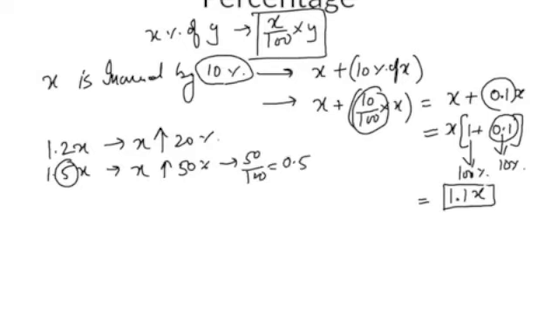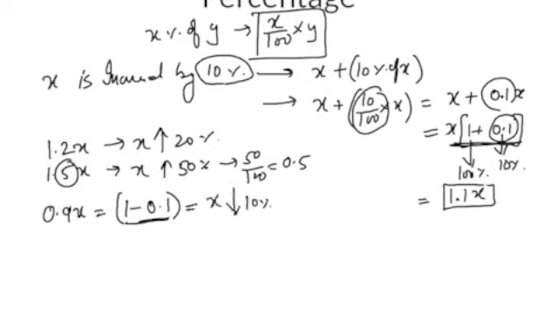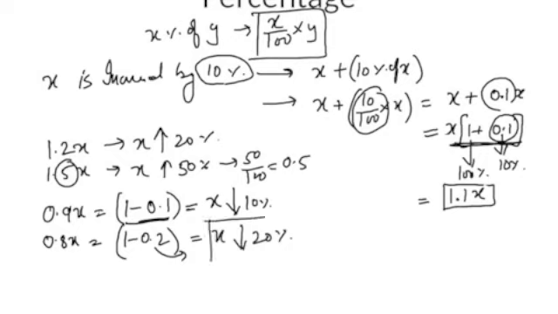Now if I say 0.9x, that is 1 minus 0.1. 1 plus 0.1 means 10% has been added. 1 minus 0.1 means x has been decreased by 10%. So 0.8x would mean 1 minus 0.2, so x has been decreased by 20%. So we can convert percentage change to decimals.